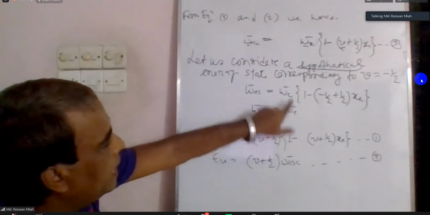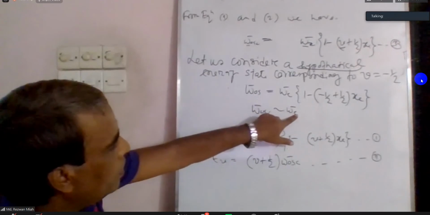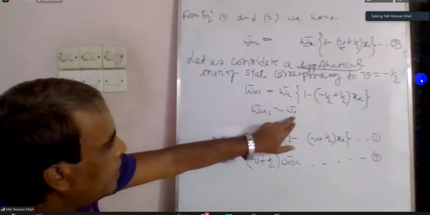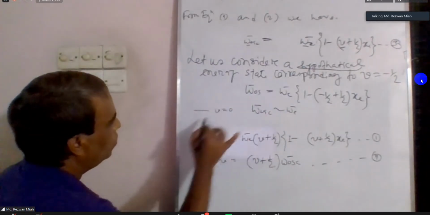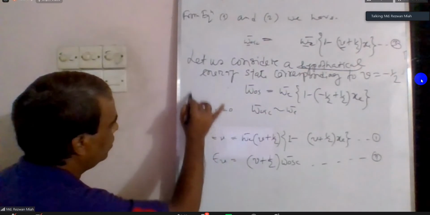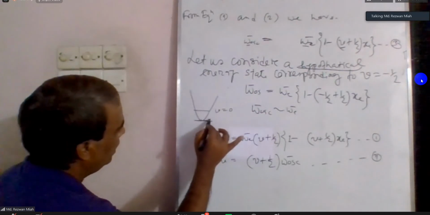That means under that state, the molecule has zero energy. But we can consider that suppose this is mu. So this energy is not zero, but we can consider a lower level, this part, where we have zero energy.